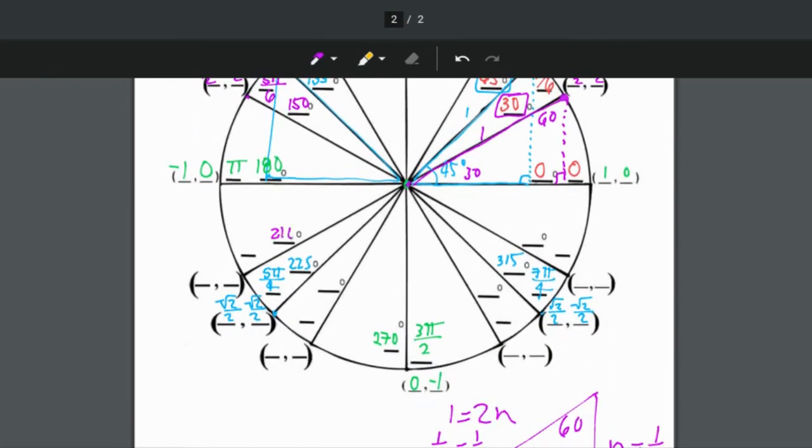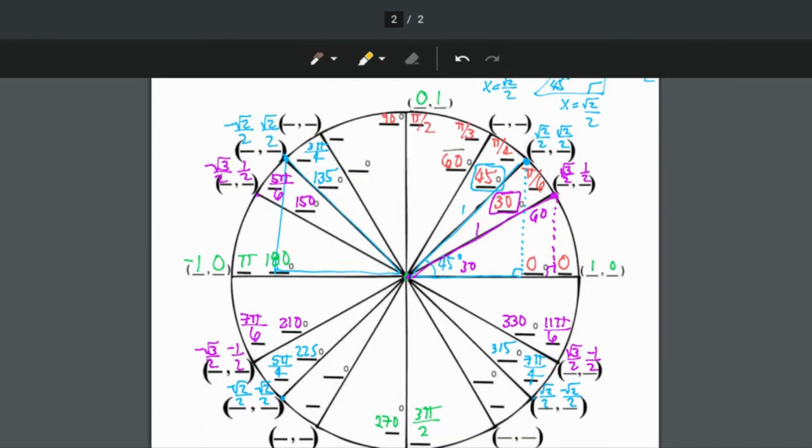For the 210-degree angle or 7 pi over 6 angle, I would go left root 3 over 2 and down 1/2. And for the 330-degree angle or the 11 pi over 6 angle, I would go root 3 over 2 and down 1/2.